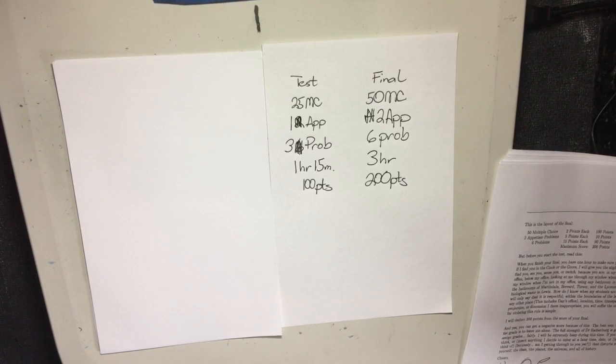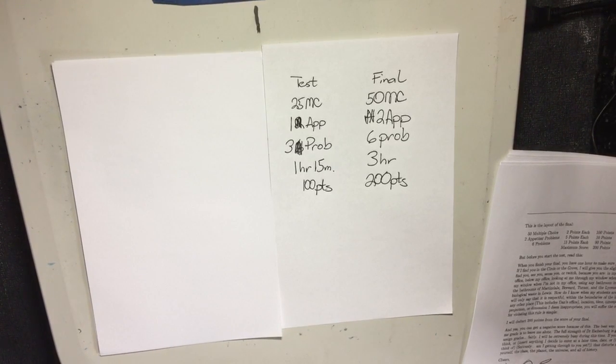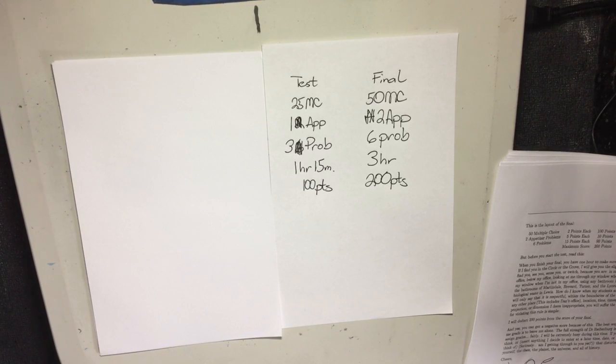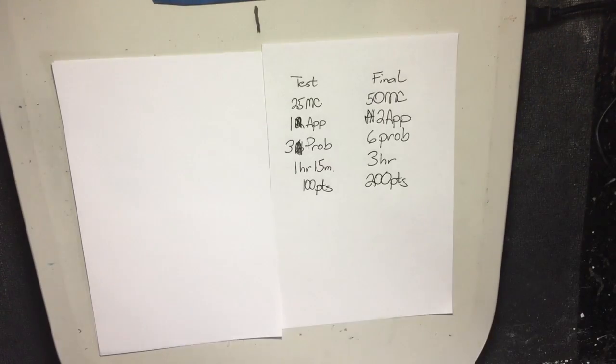I was not thrilled. There were a lot more 50s than I recall. There were a couple of 99s, a couple 95s, and then it kind of steadily slid down, and once it hit the 60s and 50s, it kind of bumped up. So there will be a curve for that, obviously. How much I won't know.